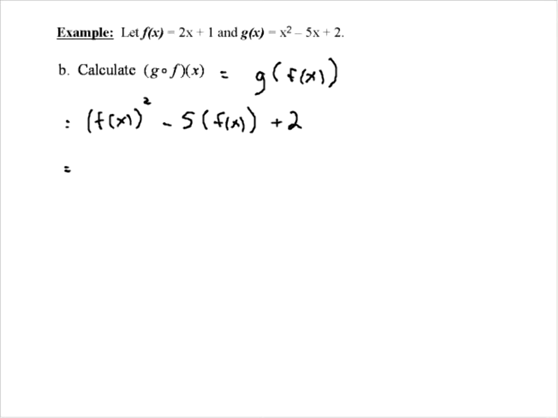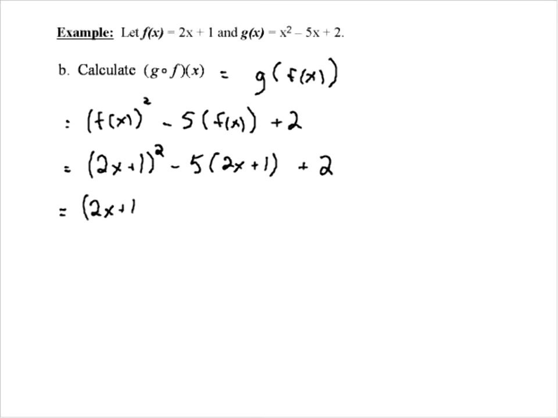So what's f of x? Well, f of x in this case is 2x plus 1, minus 5 times 2x plus 1. And I hope everyone's noticed that I forgot to bring along that squared. That first one should be 2x plus 1 squared, plus 2.